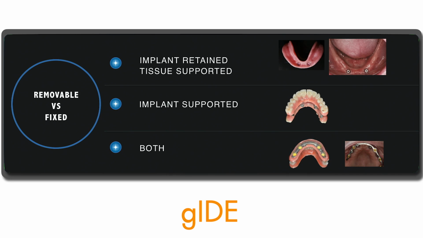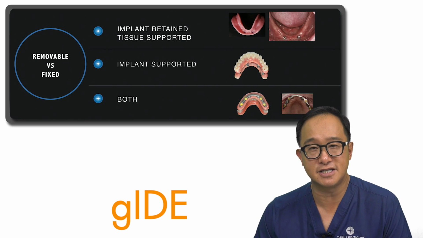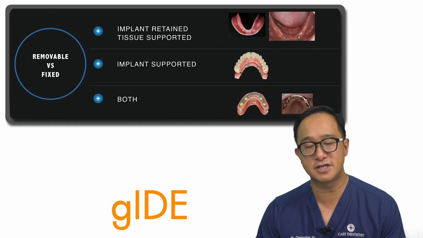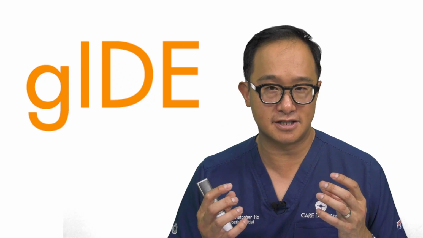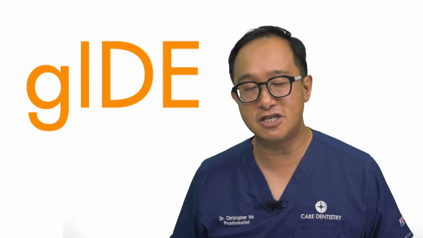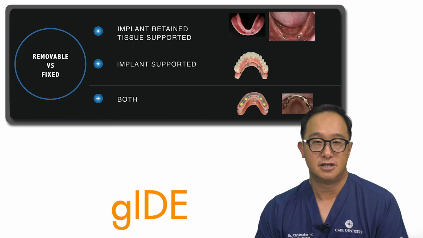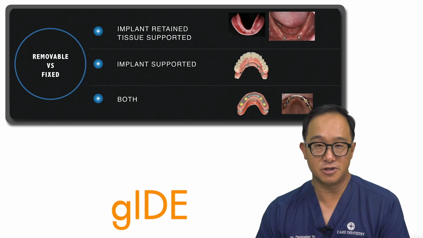The first term is an implant retained overdenture. That means that the denture is retained by the implants, but this prosthesis is tissue supported. In other words, as the patient loads the prosthesis, it directs its load on the tissues, so it's supported by the tissues. The denture is only retained by the implants. The second option could be an implant-supported bridge.